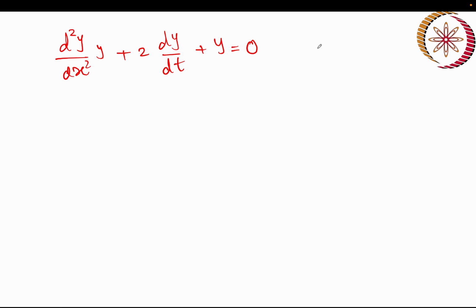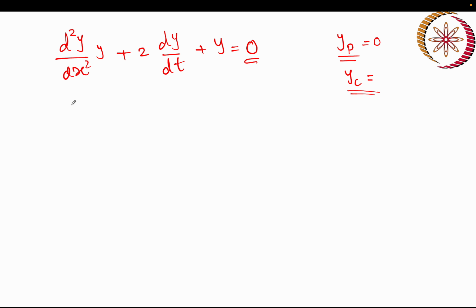Okay, and then the conditions have been given. First of all, you can see that the right hand side is 0, so it is homogeneous, and we don't need to find the particular solution, it will be 0, so only the complementary solution we are interested in.